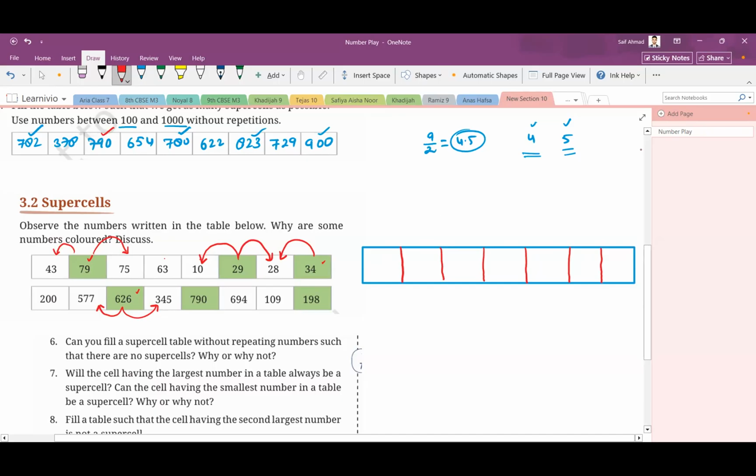Tell me, I'm writing 2-digit numbers here. Okay, what is the number? Can you write? Tell me any number. 11. Okay. Next.